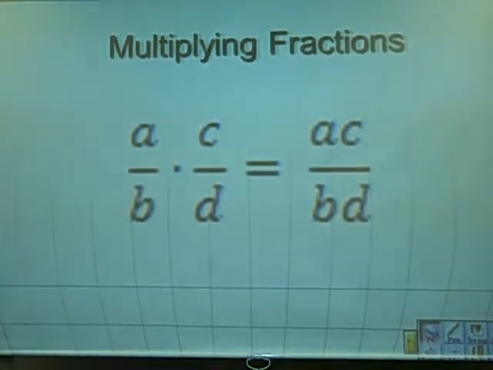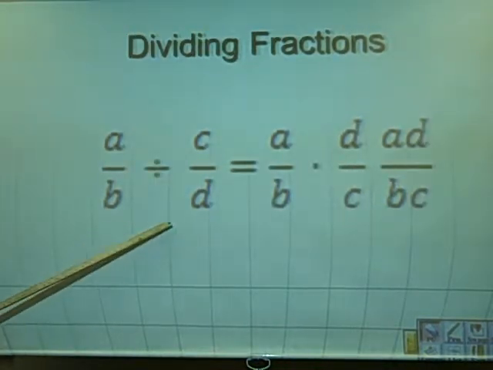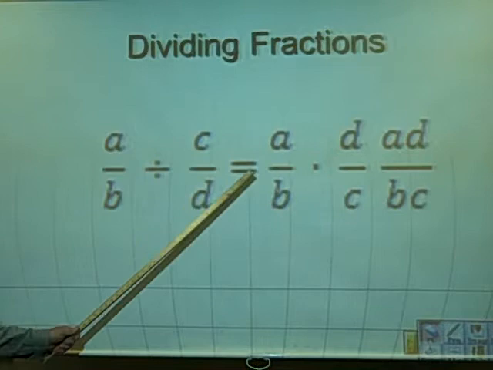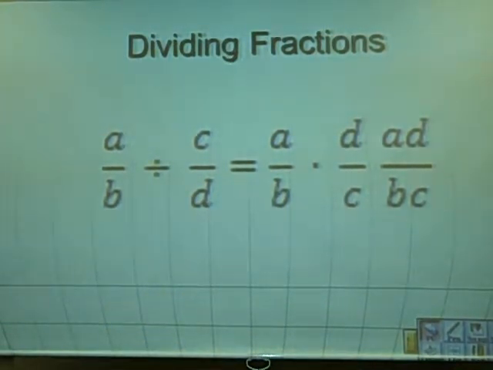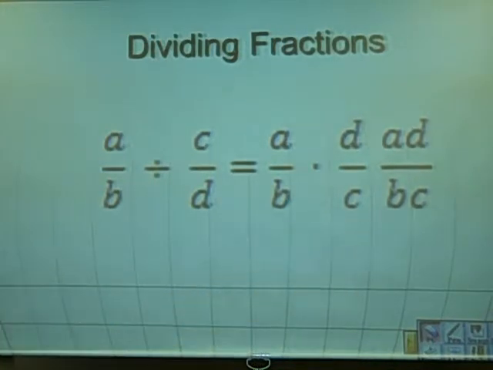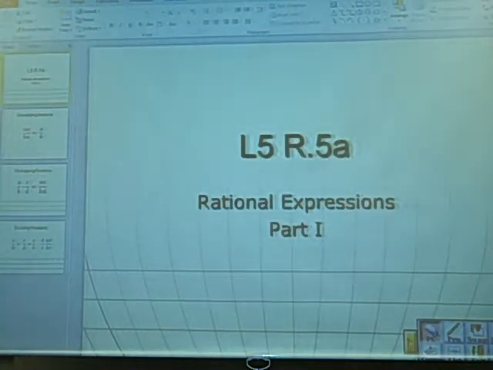But we can only cancel from numerator to denominator. Division, we have to flip and multiply the second term, or also known as multiply the reciprocal, and then we can simplify that if that's possible. And so that's basically all the PowerPoint notes for lesson 5, part 1.